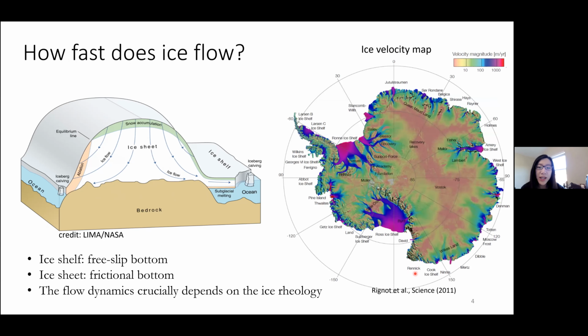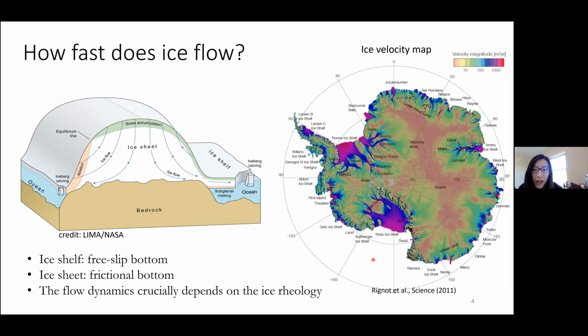Ice flow is driven by gravitational spreading. Here is a velocity map of ice flows. Purple is the fastest flowing ice, and green and orange are ice flowing at a slower speed. The flow velocity is sensitive to the boundary conditions at the bottom of the ice sheets.